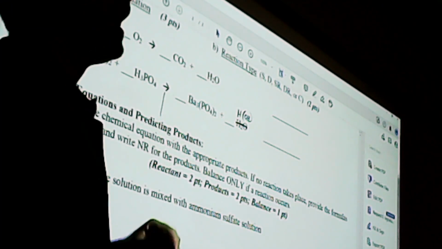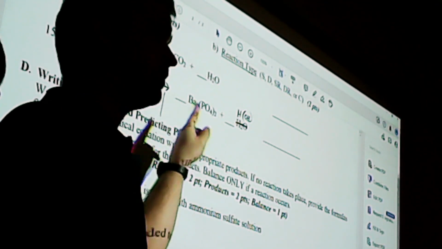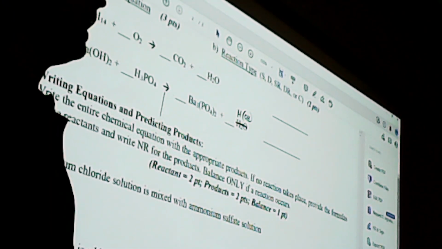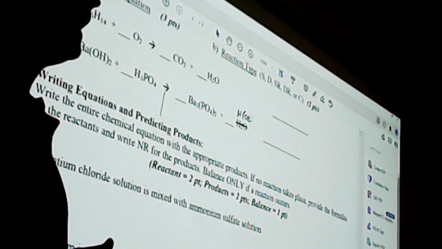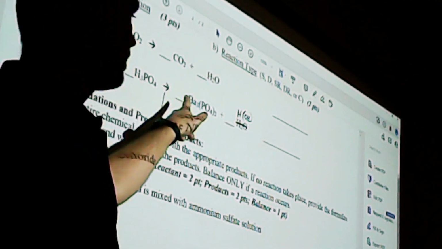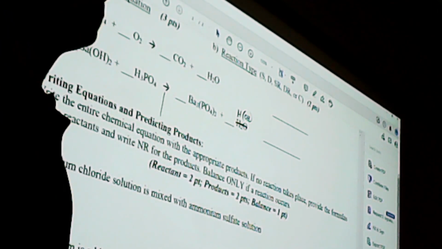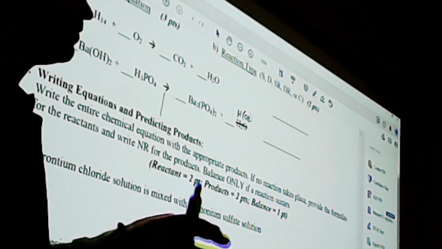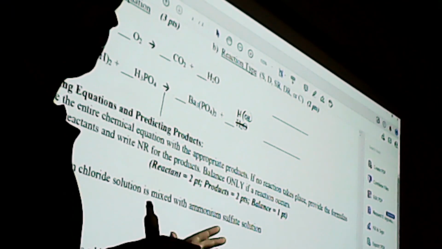And listen, I did one of these with a student yesterday after school for my tutoring, okay? It took about twice as long, and then I had to go back and simplify all of my coefficients. But you have the skill set to do it that way.